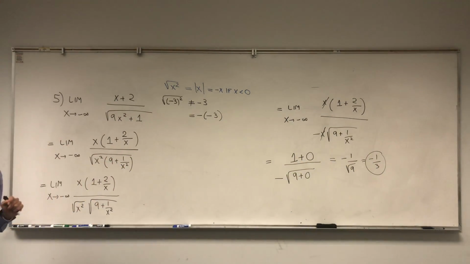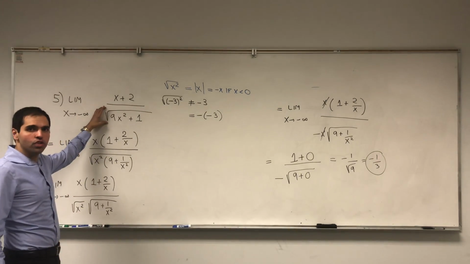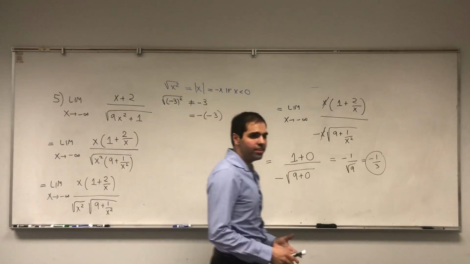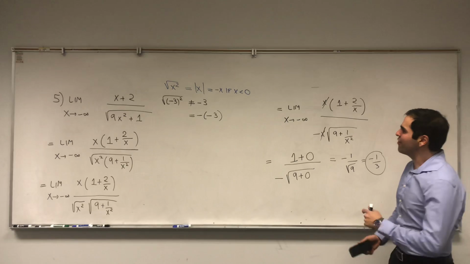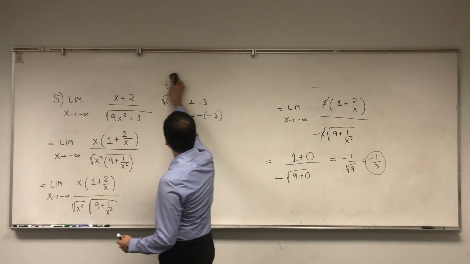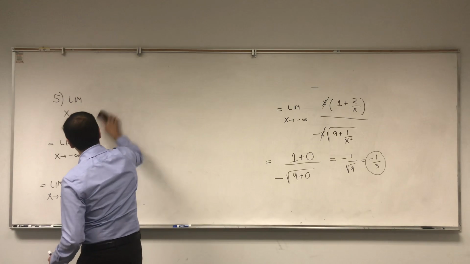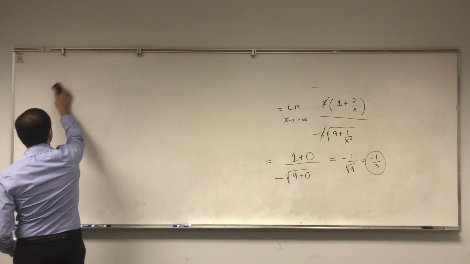So that's the first technique for dealing with square roots. If you just have a pure square root, you factor things out, but usually square roots come in the form square root of a plus b, and for this we do have a familiar technique that's the same thing for also finite limits, so limits at a point.